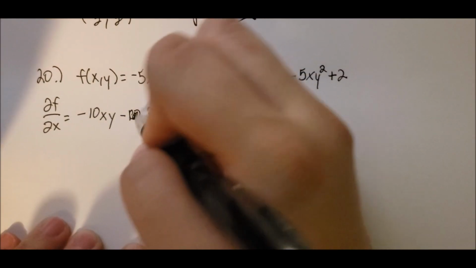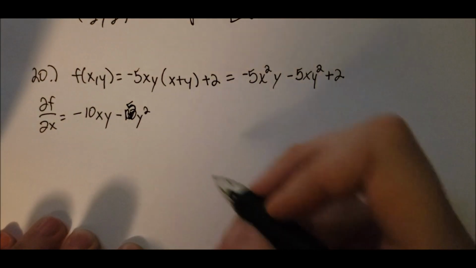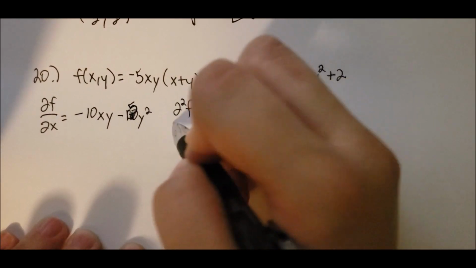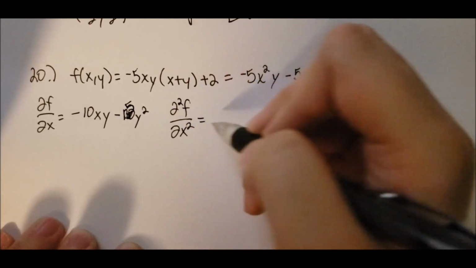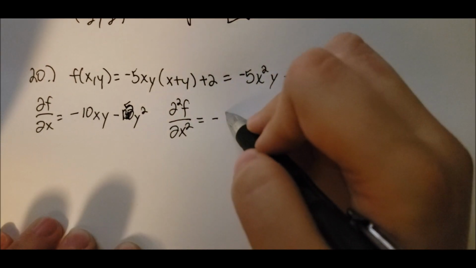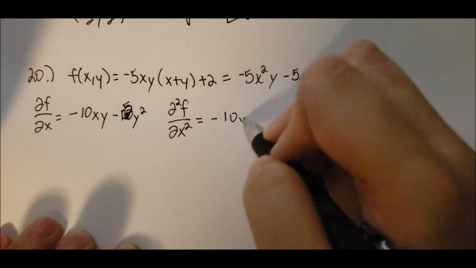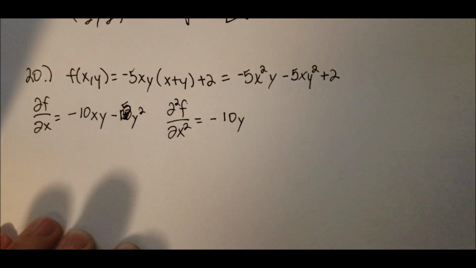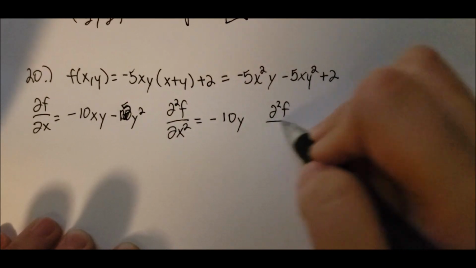Oh, minus 5. And then the second derivative. Might as well take the mixed partial.